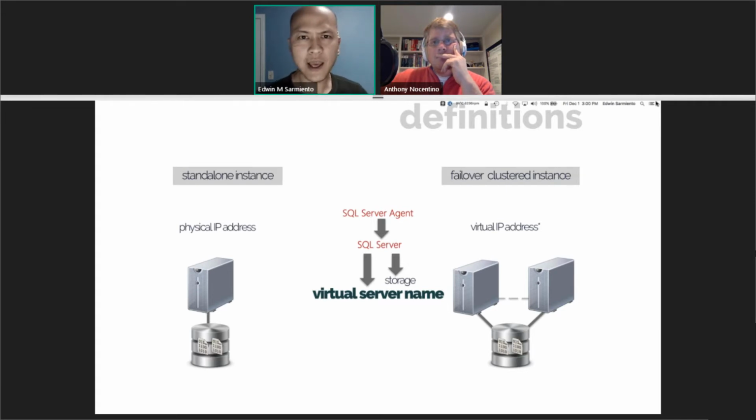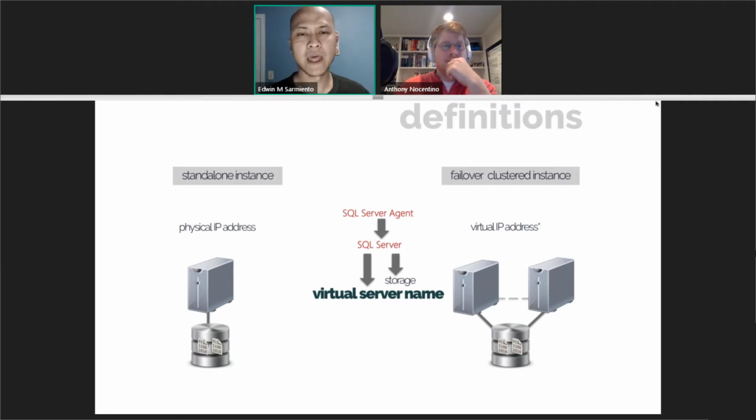Now, I did mention the term "and." There is an "and" logic dependency here, where if only the storage is online or the virtual server name is online, SQL Server will not come online. They have to both be online, again, due to the "and" logic dependency, in order for the SQL Server service to come online.